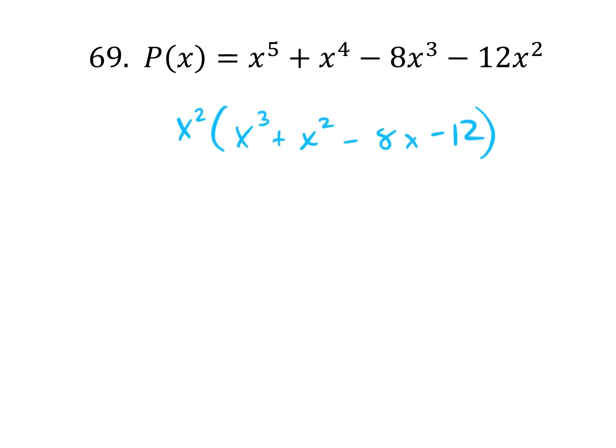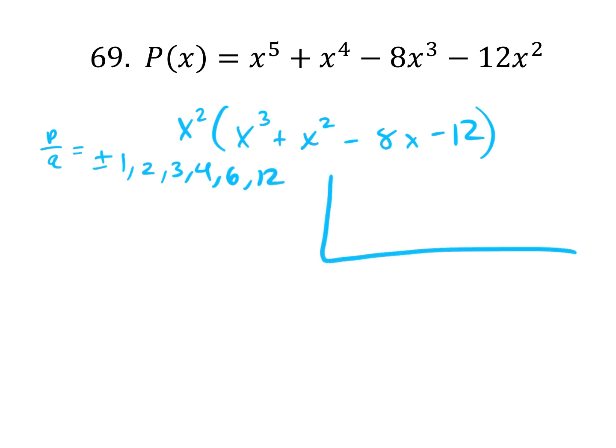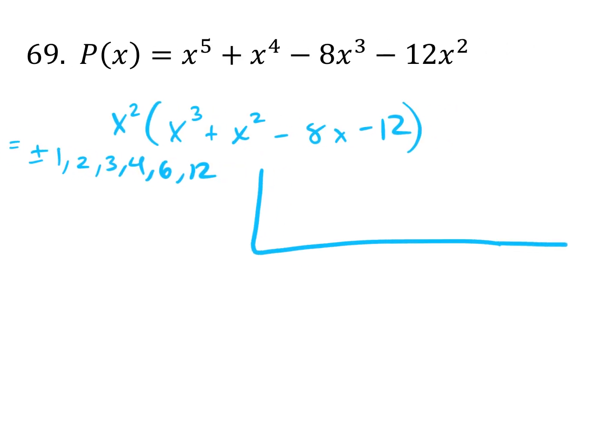Now we still have to solve the part inside, and it doesn't factor, so we have to use p over q. So factors of 12 would be plus or minus 1, 2, 3, 4, 6, and 12. Inside the box, we have 1, 1, negative 8, and negative 12.